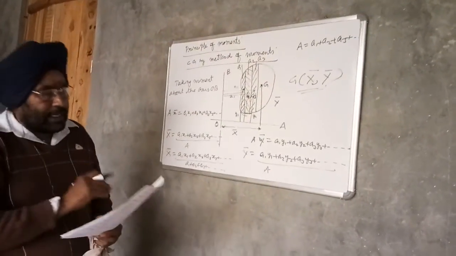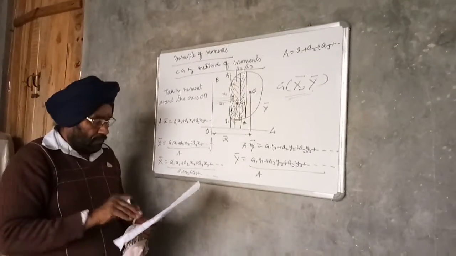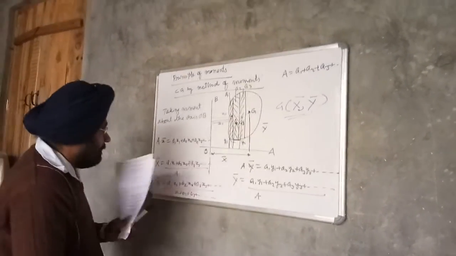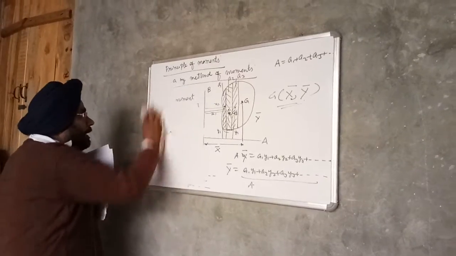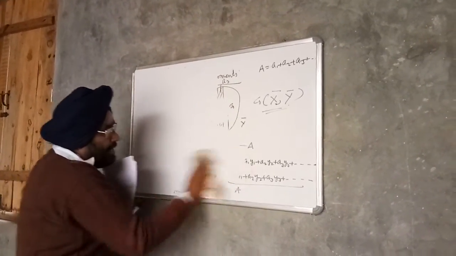Next is the center of gravity of a composite section by the method of moments. How will we determine the center of gravity of a compound section by the method of moments?